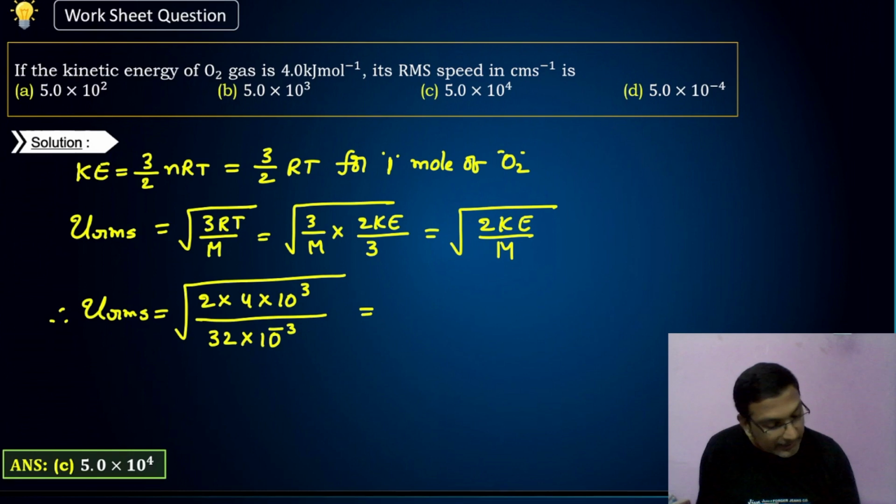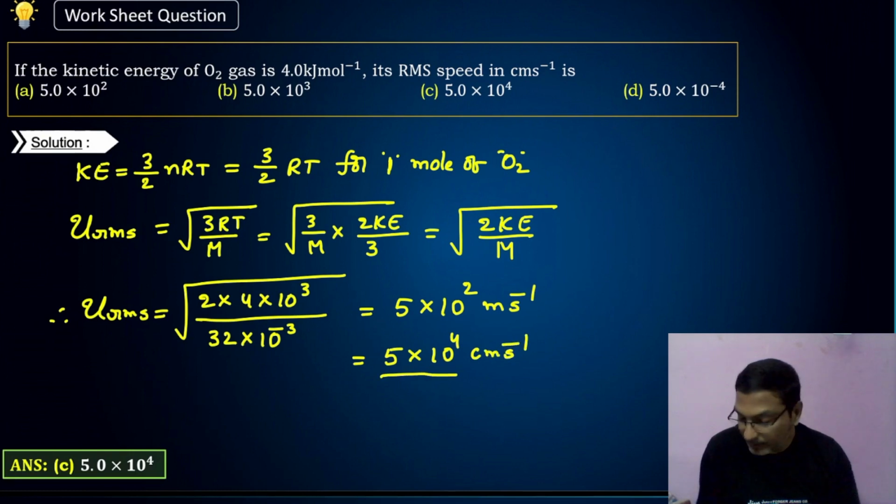So from this we'll get value 5 into 10 square meters per second, or 5 into 10 power 4 centimeters per second. So therefore option C.